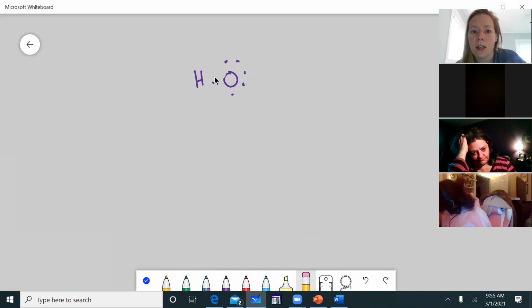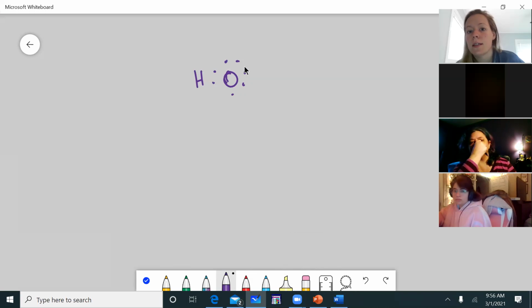I'll share my electron as well. And so now hydrogen has access to 2 electrons. This oxygen has access to 1, 2, 3, 4, 5, 6, 7 right now. So in actuality, another hydrogen needs to come along with its valence electron and stick it there so that they can share it.